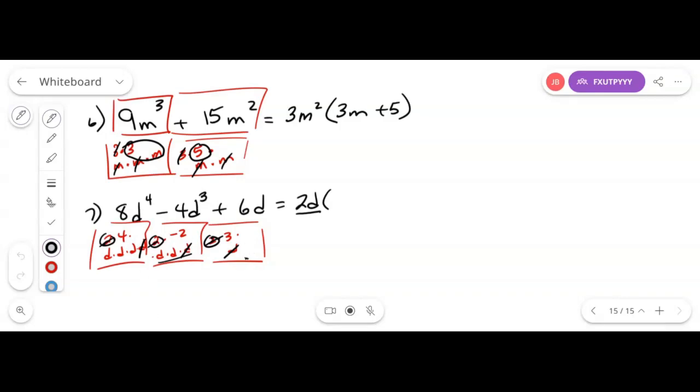4 flowers, 3 flowers, 1 flower. I can only pull 1 flower out of each box if I'm going to pull the same amount of flowers out of each box. Then 4D cubed is what's left in this box, minus 2D squared is what's left in that box, and in the last box, 3.